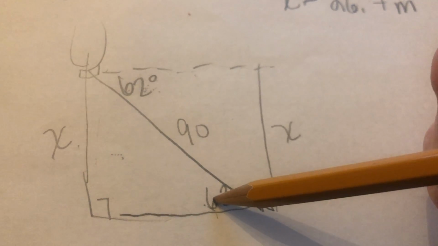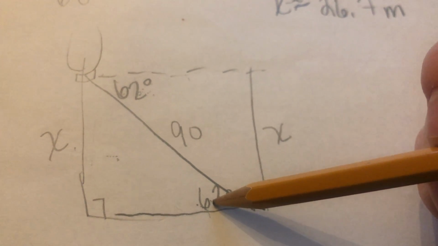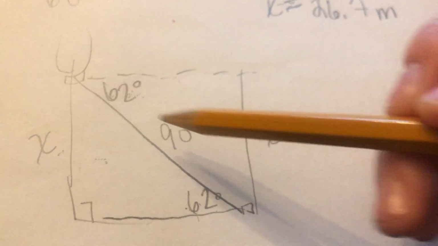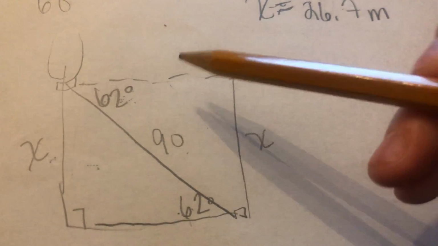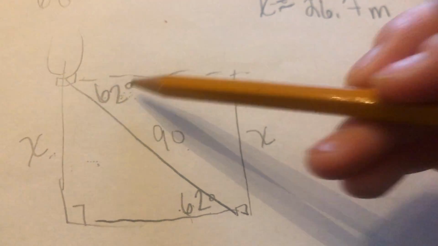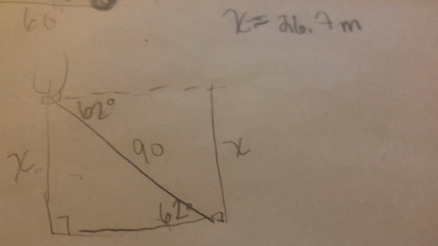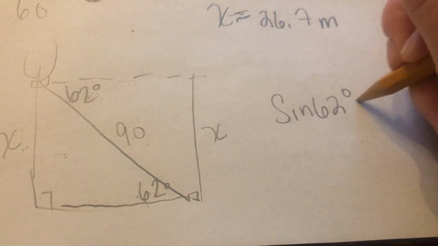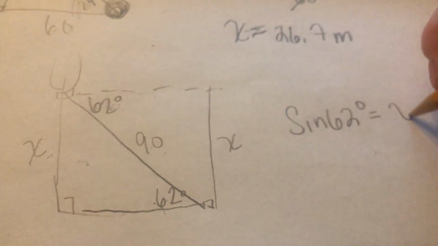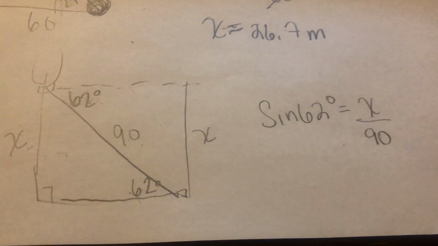Let's use this one. So, if I use this one, I'm going to do the sine of 62 degrees is x over 90, right? If you use this one, it would be the same, but either way. Okay, so the sine of 62 degrees equals, opposite is x over hypotenuse is 90, right?